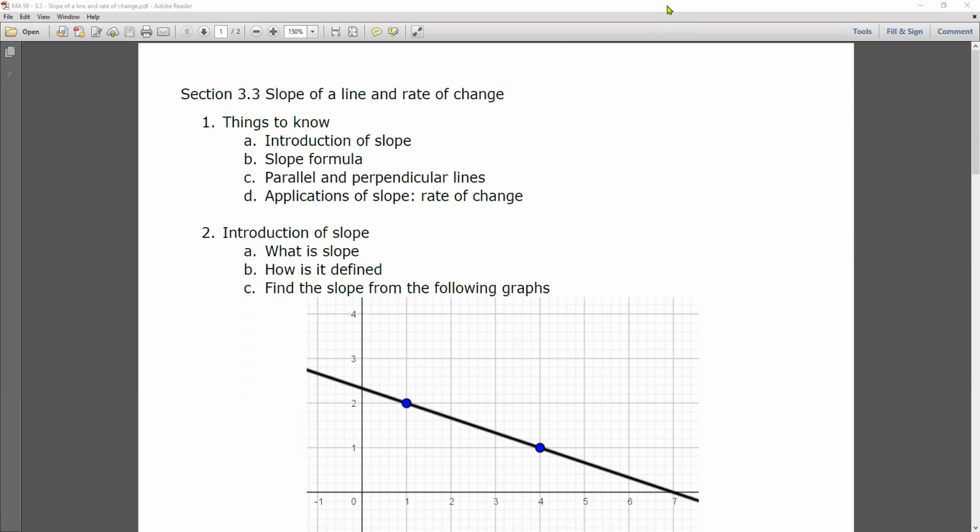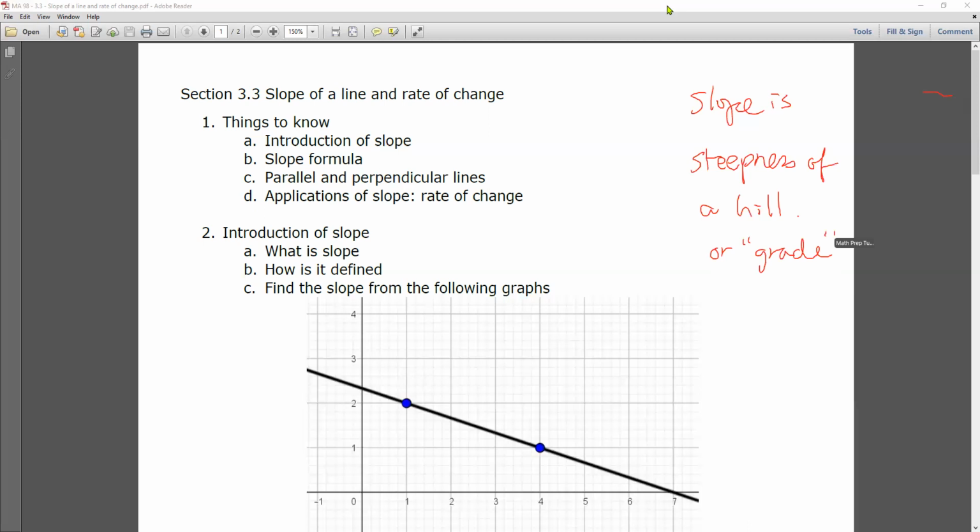Slope by definition, in this case, I'm going to think about the regular definition, not math, right? Slope is simply the steepness of a line or a hill, or some kind of grade. Okay, so slope is steepness of a hill or grade.